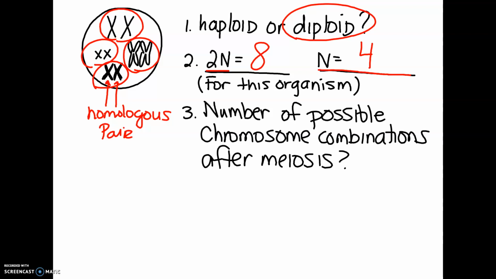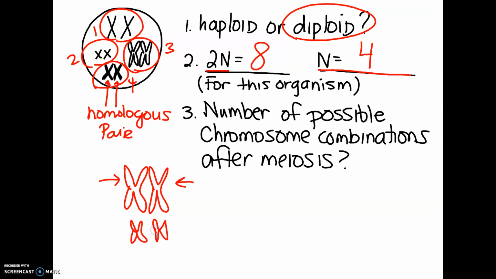The next question: how many possible chromosome combinations are there after meiosis occurs? If meiosis occurs, each new cell is going to randomly get 1 copy from each pair: 1 copy of chromosome 1, 1 copy of chromosome 2, 1 copy of 3, 1 copy of 4. There's a thing called independent assortment. Independent assortment says it's completely random which chromosome lines up on the left versus the right when meiosis happens.